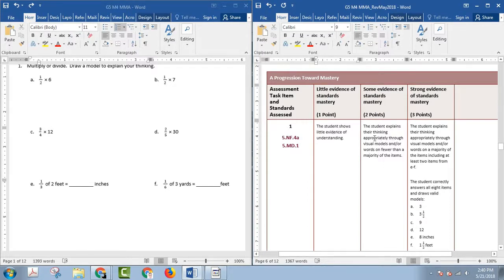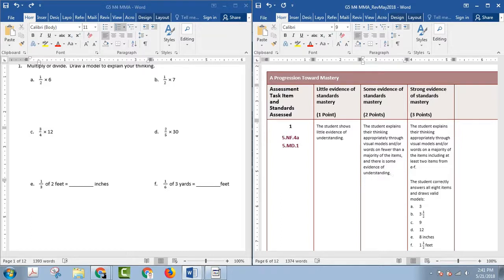And little evidence here. I suppose you could add another sentence here to 2 to say, the student explains their thinking appropriately through visual models and or words on fewer than a majority of items. And there is some evidence of understanding. Or something like that.